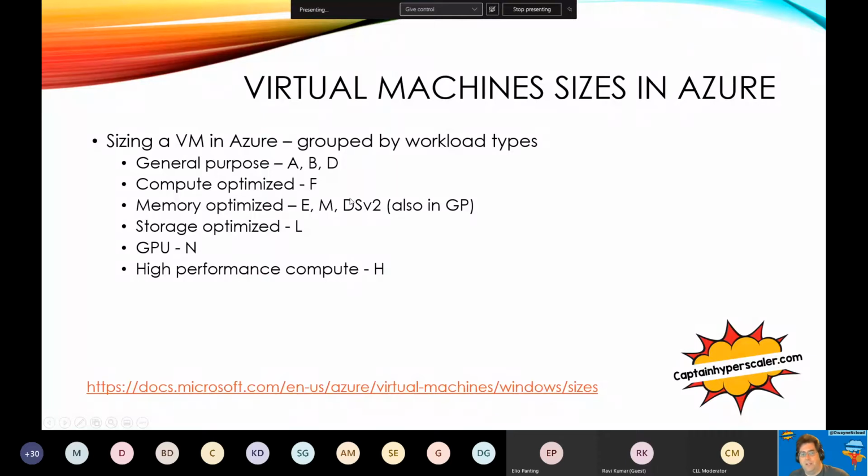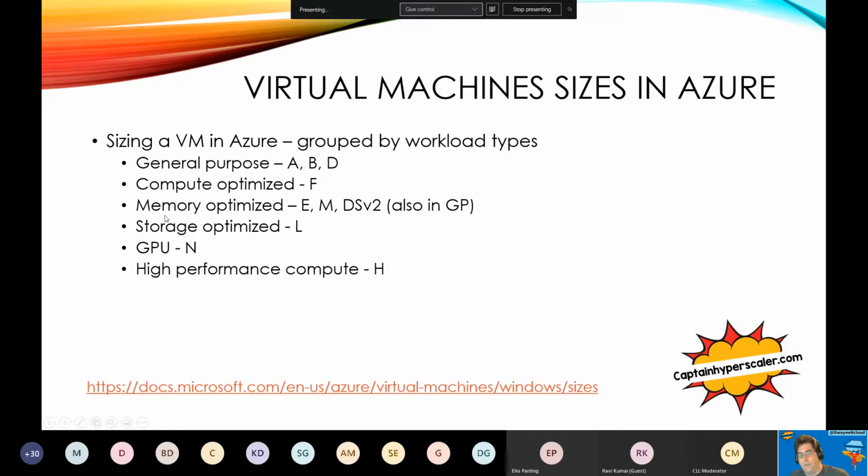And then the other ones are a single series within the type of purpose and type of workload, which is, you have your compute for the F, your storage optimized, your GPU optimized, and your high performance. Unfortunately, the lettering scheme isn't the easiest to remember.